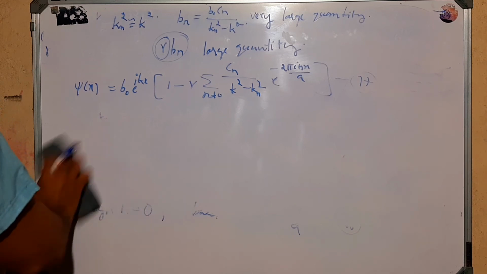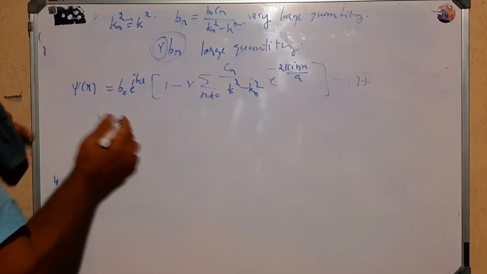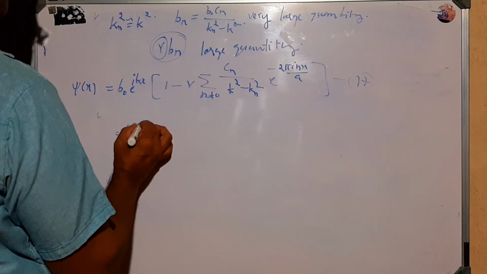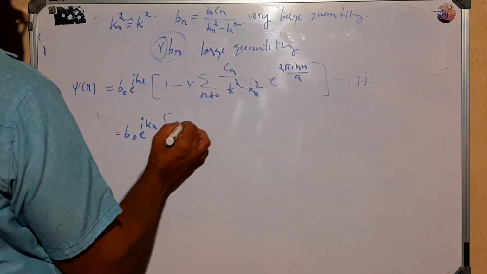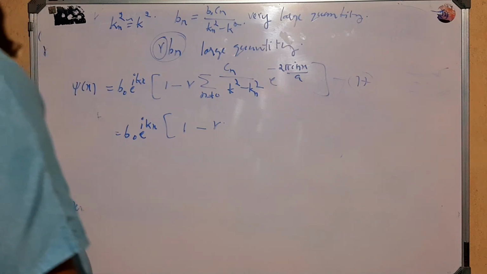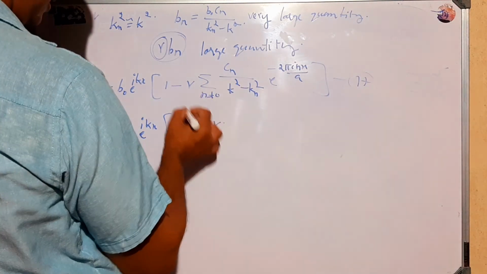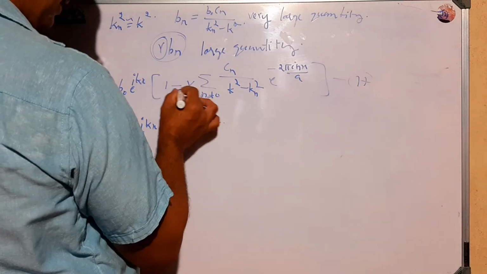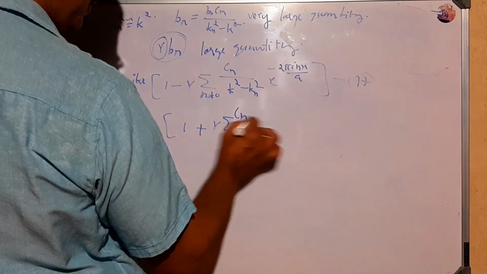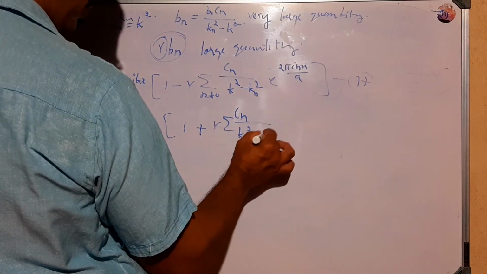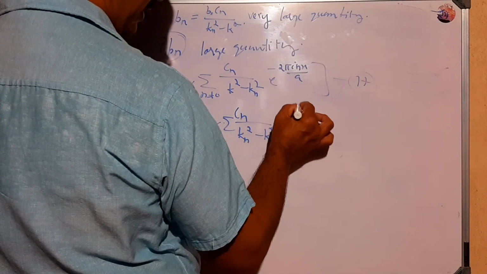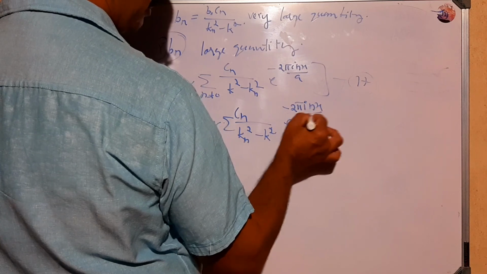So what happens here? I can write this as b naught into e to the power ikx into 1 minus gamma, and this is nothing but plus gamma into sigma Cn divided by Kn square minus K square into e to the power minus 2 pi inx by a.